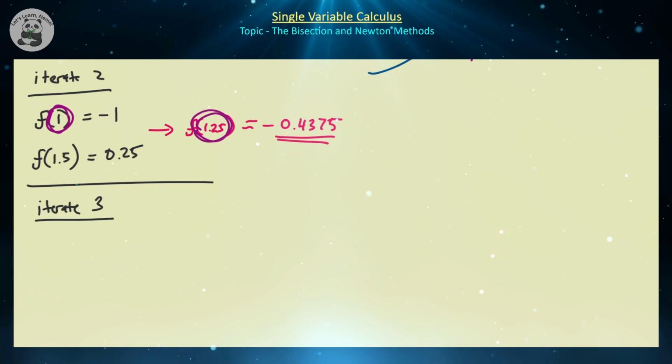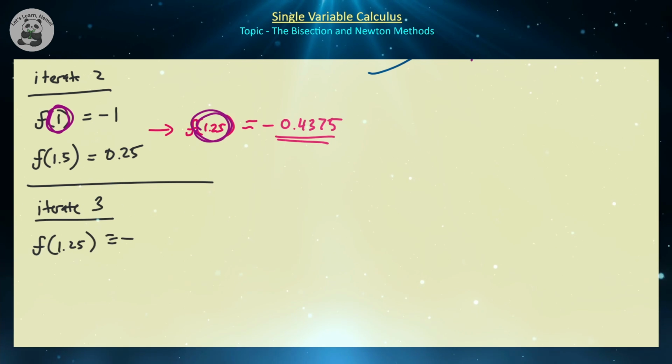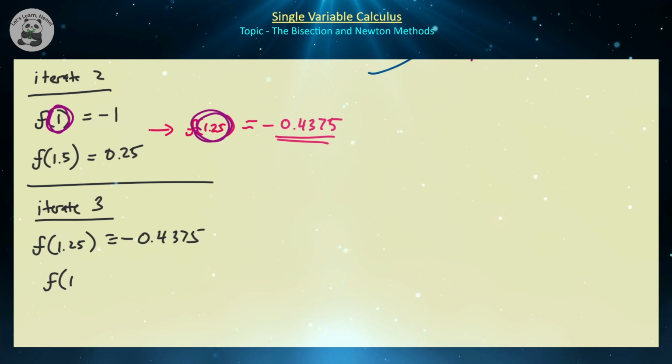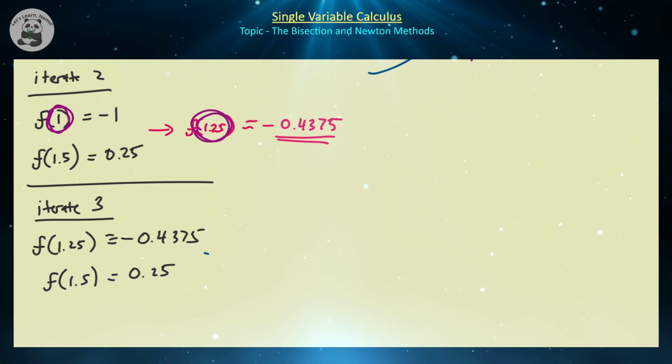So now we have f of 1.25, which is approximately negative 0.4375, and then f of 1.5, which we knew to be equal to 0.25. So it switches signs, negative to positive or positive to negative. Each one of them is perfectly okay. And then we're going to be taking the average.